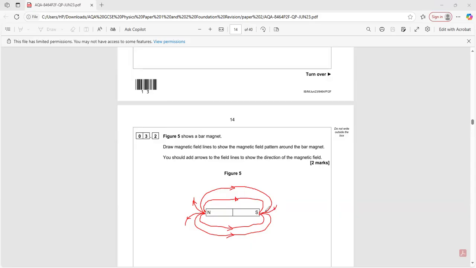Like this one. Yes, that's fine. I would add that just to show the direction of flow. So yes, that would be the case. Okay, so moving on.